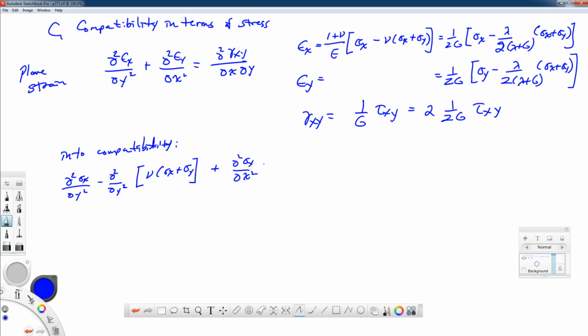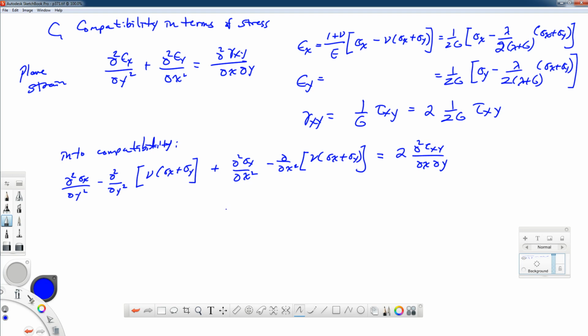And I'm going to have a minus second partial with respect to x of nu times sigma x plus sigma y. And on the right hand side, that's going to be equal to 2 times the second partial of tau xy with respect to x and y.